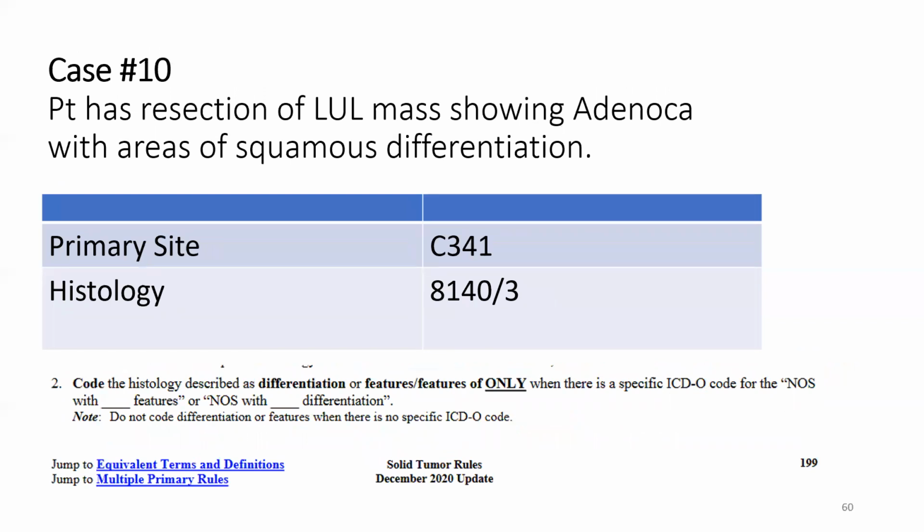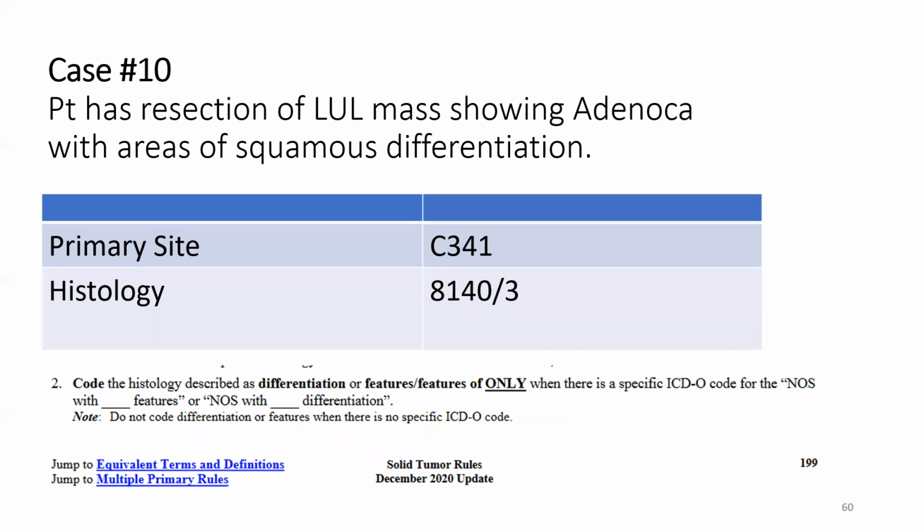Okay, this case has one tumor. So we know it's one primary. We'll start in the histology rules. We have adenocarcinoma with areas of squamous differentiation.